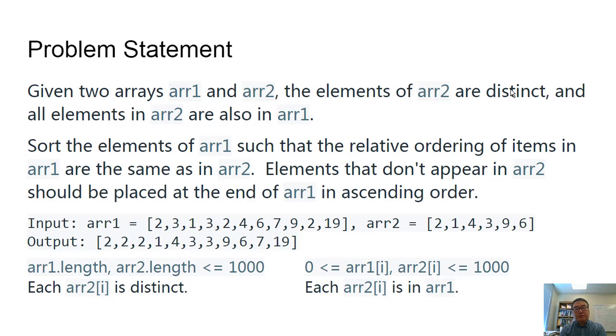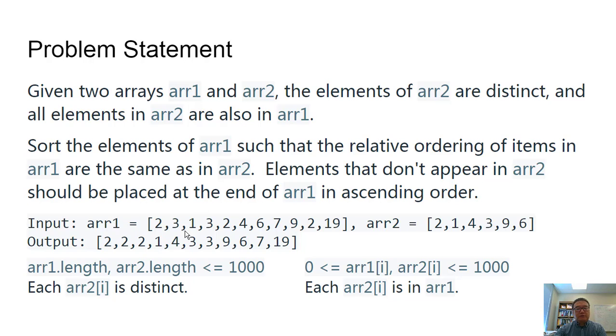More precisely, any elements that appear in the second array should appear in the same order in the first array, and these should be put at the beginning of the first array. And anything that is in the first array but not the second should appear in ascending order.